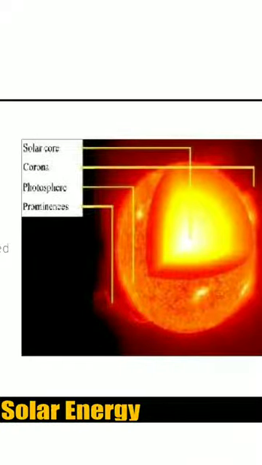There are layers on the sun: the convective shell, photosphere, reversing layer, chromosphere, and the corona. That is the structure of the sun as far as solar radiations are concerned.